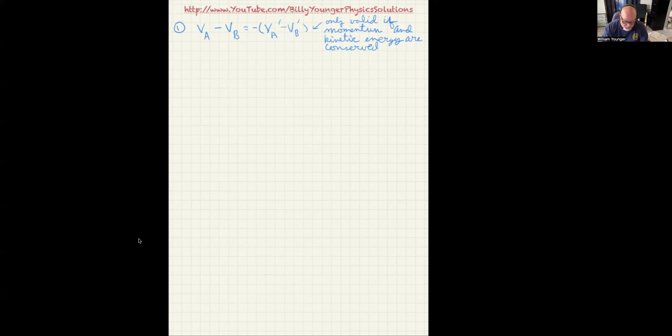Now, in addition to that, to actually make use of this and still be able to solve for two variables, obviously you'd have to have two equations. The two variables we're solving for are VA prime and VB prime. So I've got one equation now that takes into account both the conservation of momentum and the conservation of kinetic energy.